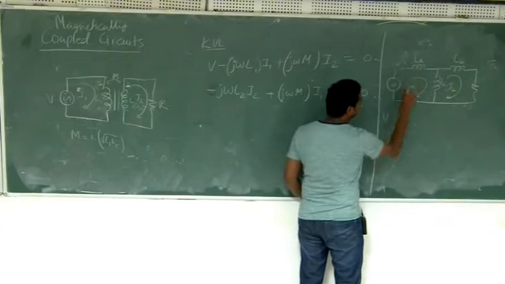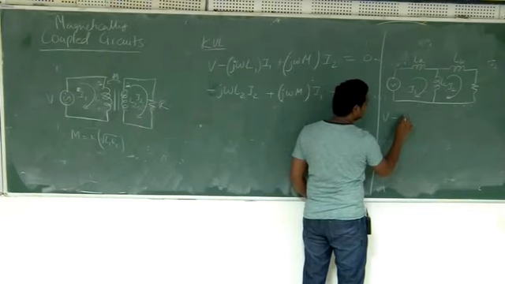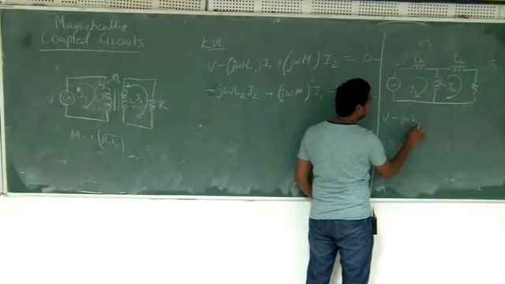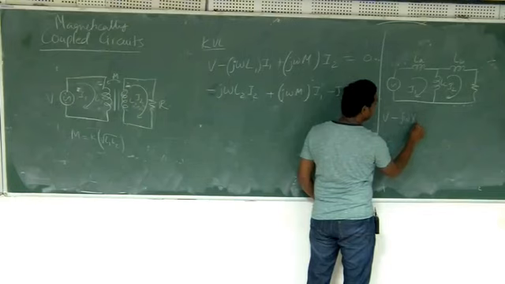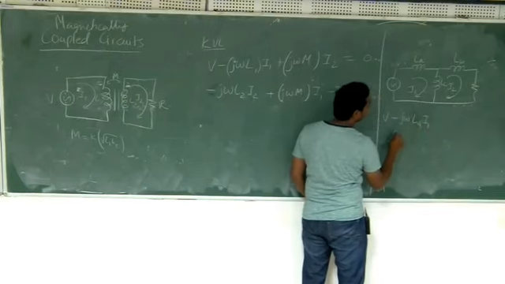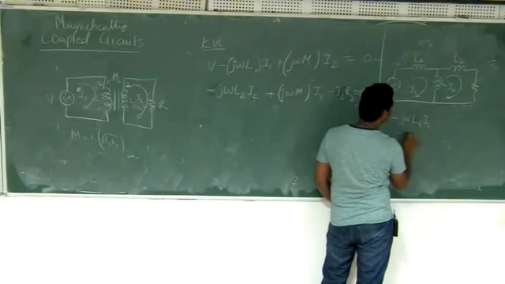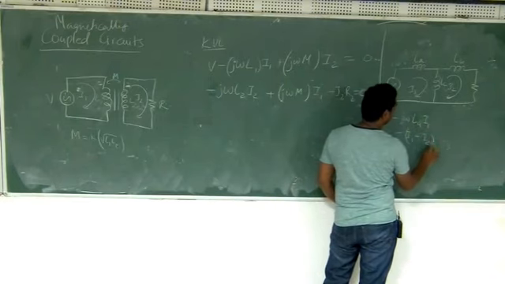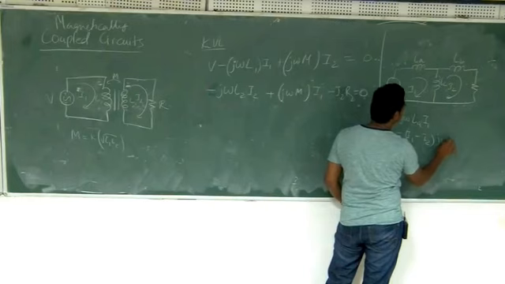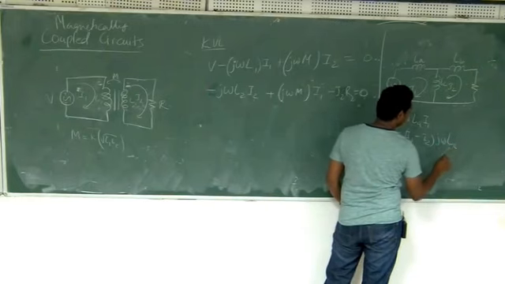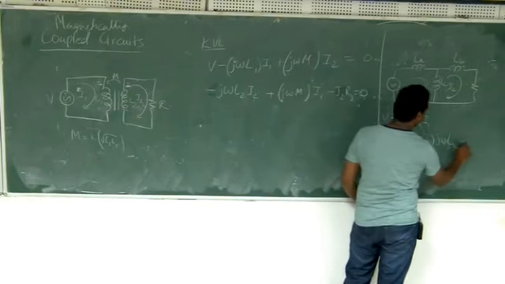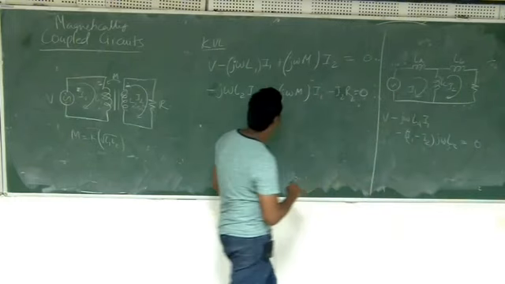V minus j omega LA I1 minus I1 minus I2 j omega LC equal to 0. Okay, I think I'll get something like this.